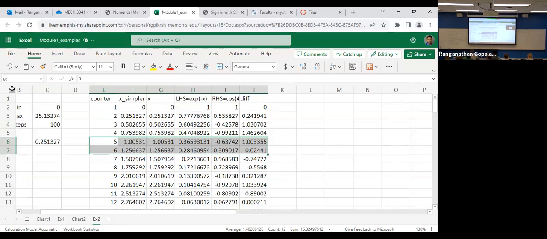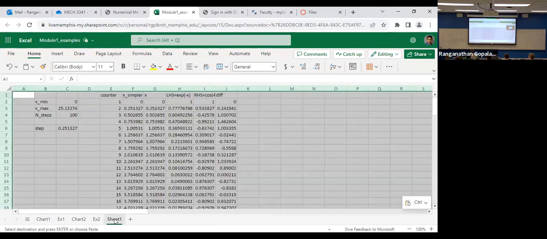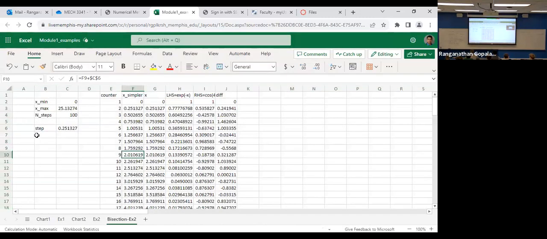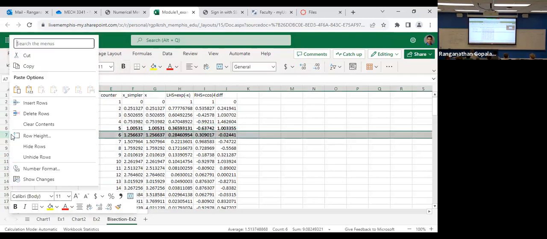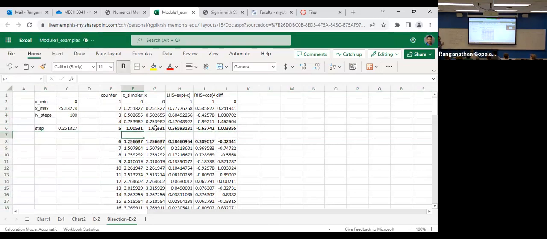I'm going to make a copy of this sheet and put it here, and I'll call this bisection example 2. Focus on this, okay? I'm going to make this row bold, and I'm going to make this row also bold, and then I'm going to add one row here, and let me take the average of these two.